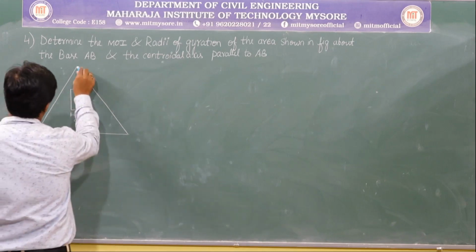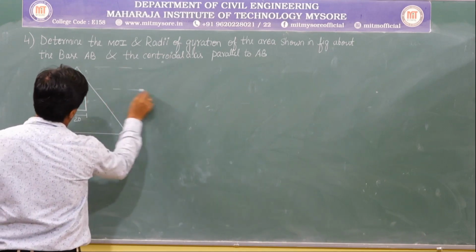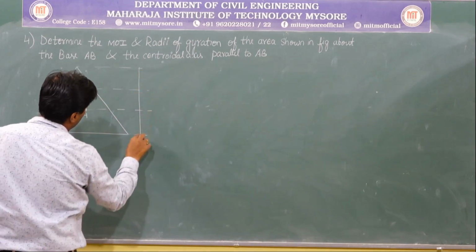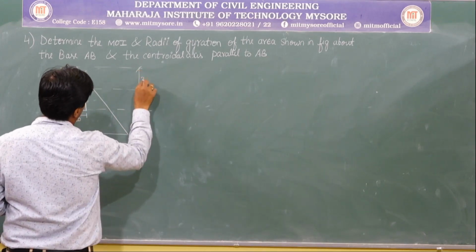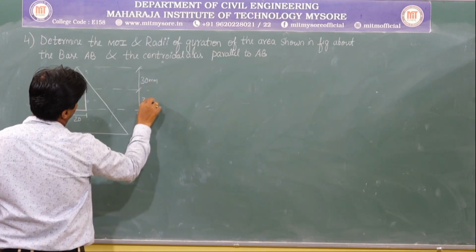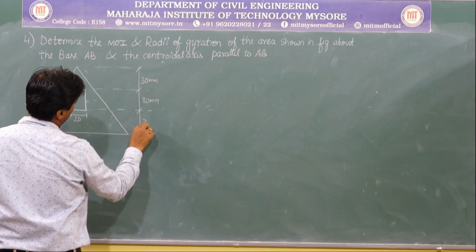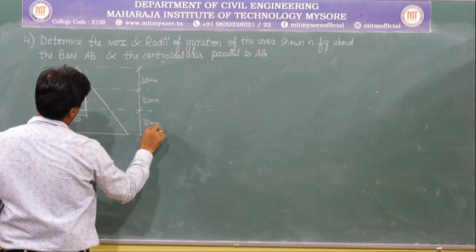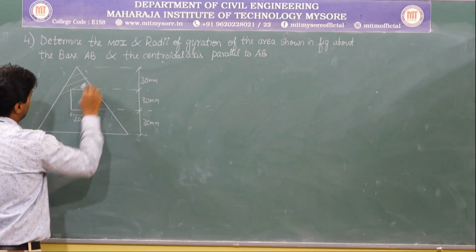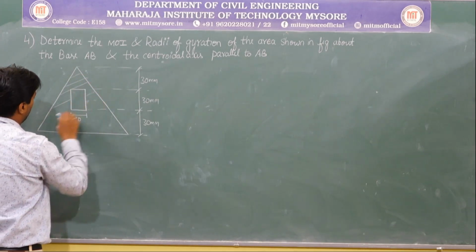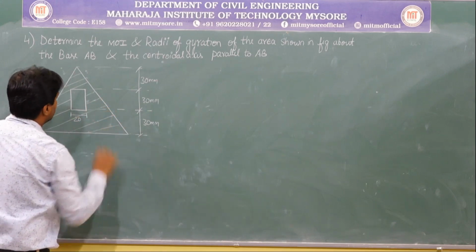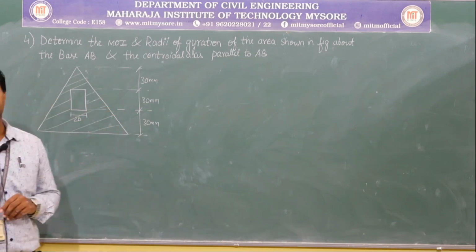Then this and this, this is 30 mm. This is also 30 mm. This is also 30 mm. And then this is the shaded region. So, be careful with this. This is the shaded region.